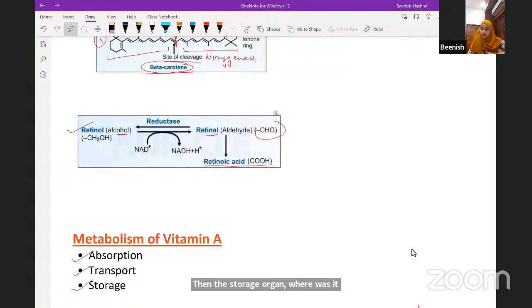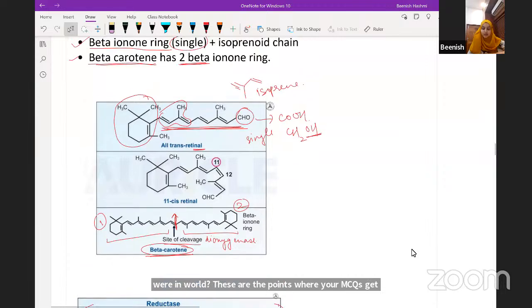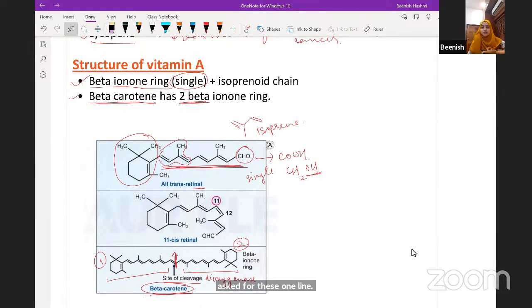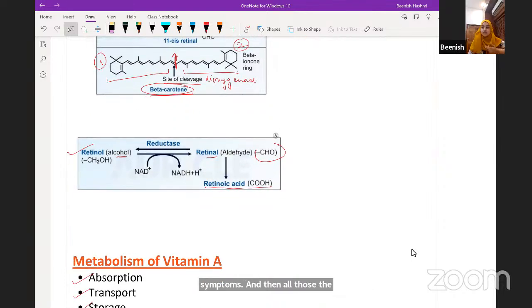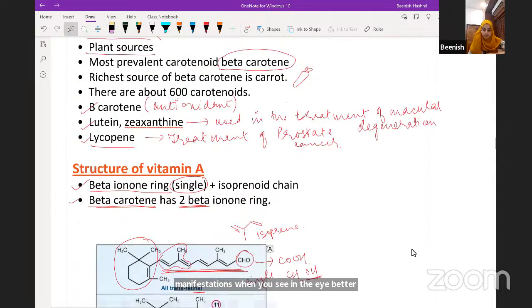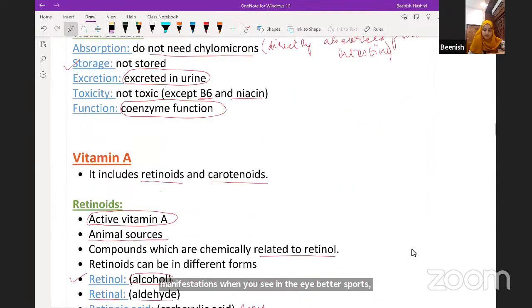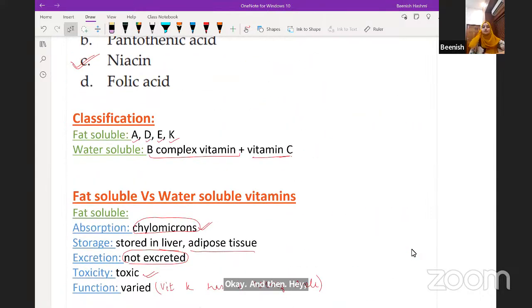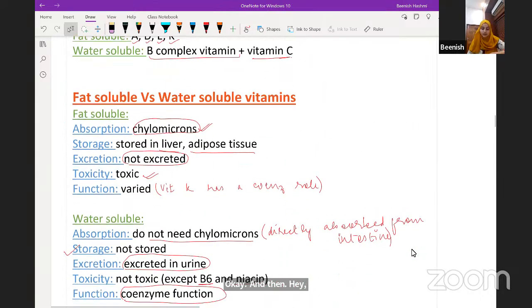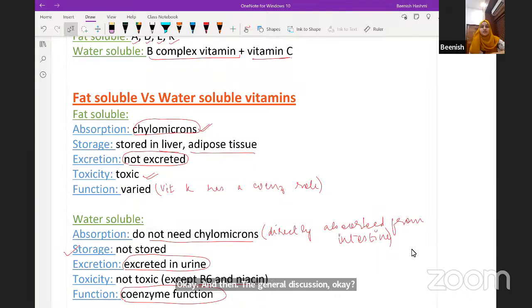These are the points where your MCQs get asked from. These one-liners, okay, that I keep telling repeatedly. The first sign, the first symptoms, and then all the important manifestations you see in the eye, Bitot's spots, nyctalopia, keratomalacia, and then the general discussion, like which are stored, which are excreted.